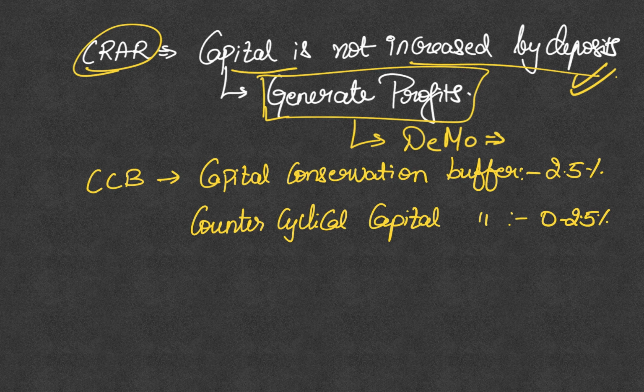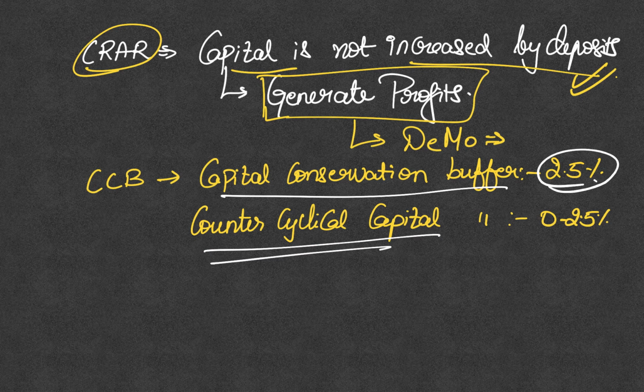Additionally, regarding capital, Basel norms also stipulated a capital conservation buffer, that is, in order to ensure that capital is not eroded, another 2.5% of the total risk weighted assets is set aside, and for countercyclical capital, anything between 0 to 2.5%, as the central bank wishes, can be set. Now what is this countercyclical capital buffer? Let's say in an economic activity there will be cycles.